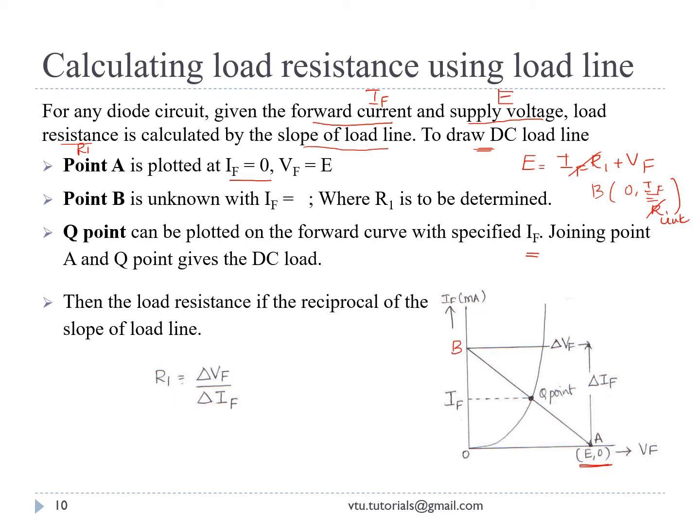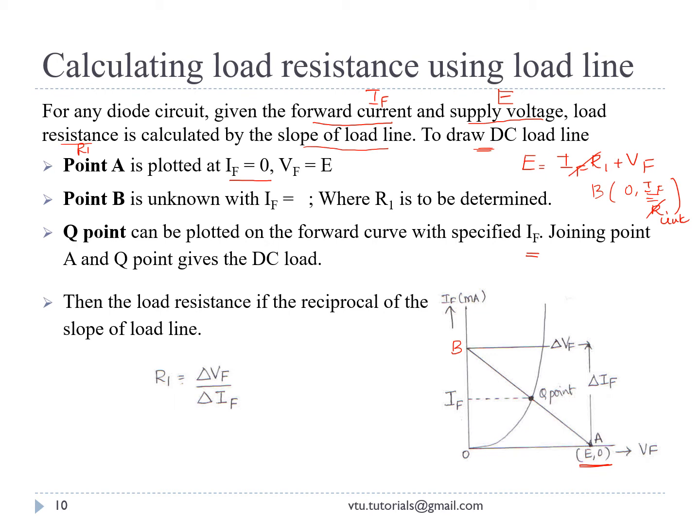That point is our Q point, where the value of IF is specified. Knowing this Q point, now we can join A to Q. Further, if we produce this load line towards the y-axis, it intersects somewhere on the y-axis, and that point is where you can have the value for IF by R1.